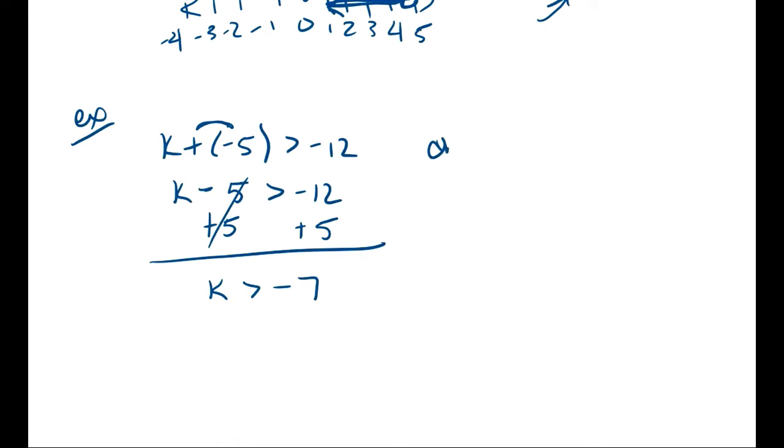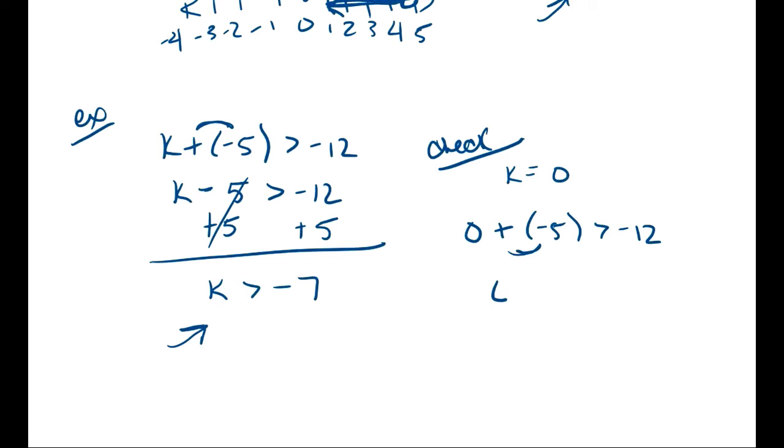Okay, so now we want to go ahead and do a check. So I need a value, k, that's greater than negative 7. Guess what? 0 is greater than negative 7. So I'm going to pick that guy. So I'm going to plug that in for k and see if this is true. Again, remember I have my positive times a negative, which is a negative.